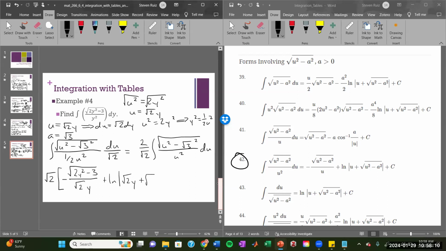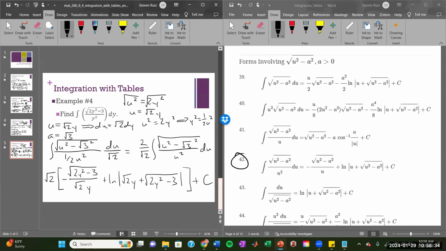Square root of 2y squared minus 3, absolute value. Okay. I think that's all of it.